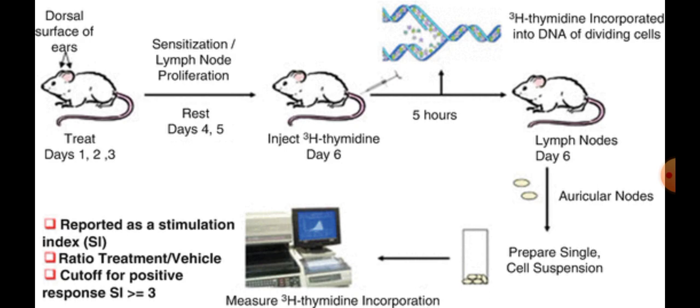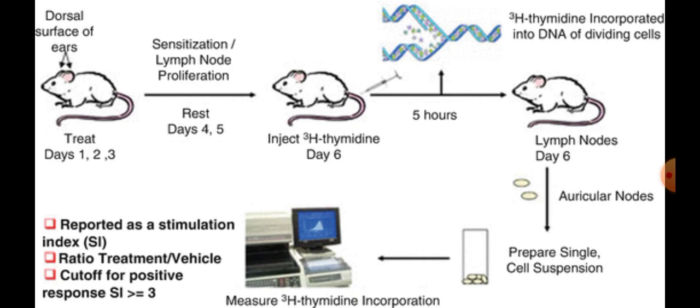But the experimental duration is 8 days in this case, which varies from the traditional local lymph node assay as per OECD guideline 429. Once the duration is completed, thereafter the animals are killed and a cell suspension of lymph node cells is prepared. The incorporation of 3H-methyl thymidine is measured by scintillation counting as disintegrations per minute, that is DPM.